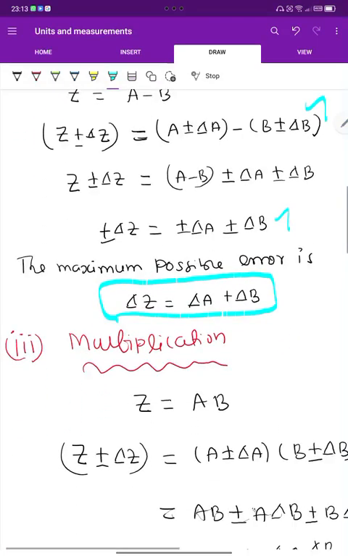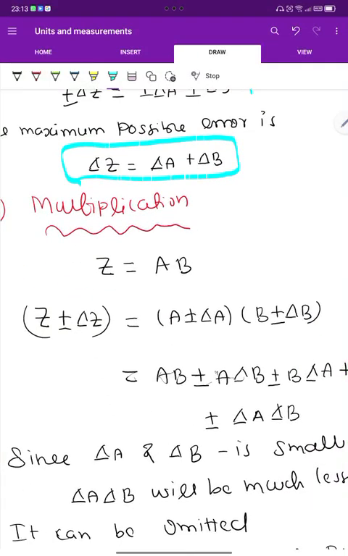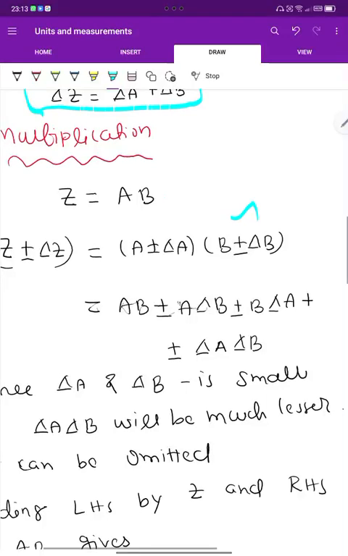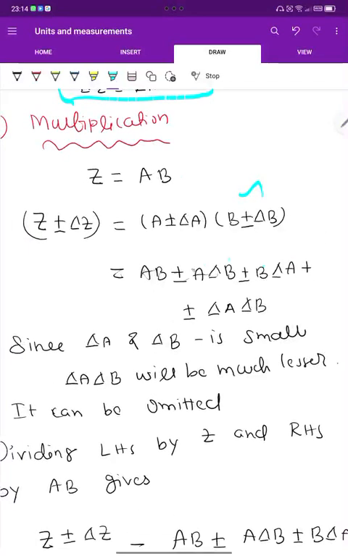Got it? Next we'll see multiplication. When we multiply these two quantities A and B, we get a new quantity Z, and with error we can represent this quantity this way. You see, when we multiply these two quantities, we will get four terms: AB, plus or minus A times delta B, plus or minus B times delta A, and plus or minus delta A times delta B. Here delta A and delta B are errors.